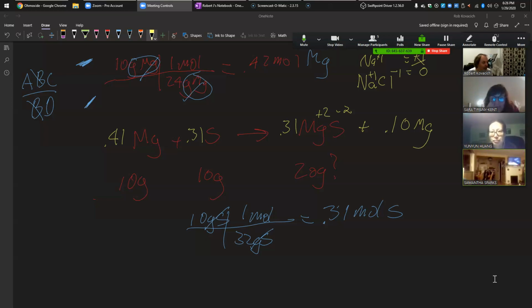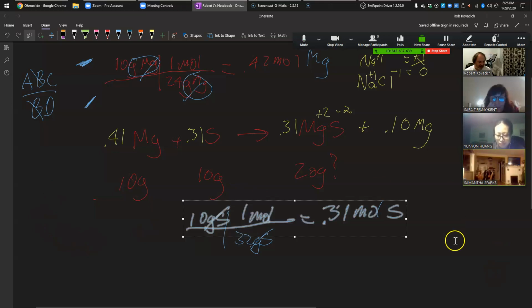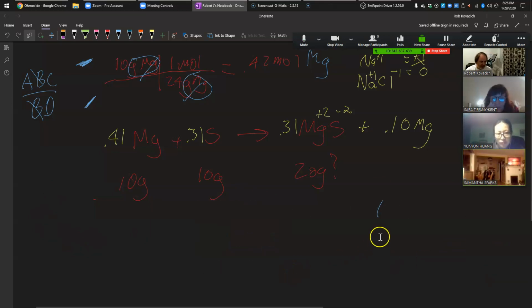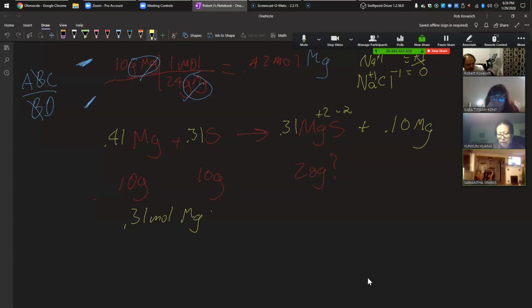Can we figure out how many grams that 0.31 MgS is? Yeah, we can totally do that. Let's do that. Okay, so I know I've got 0.31 moles of MgS.